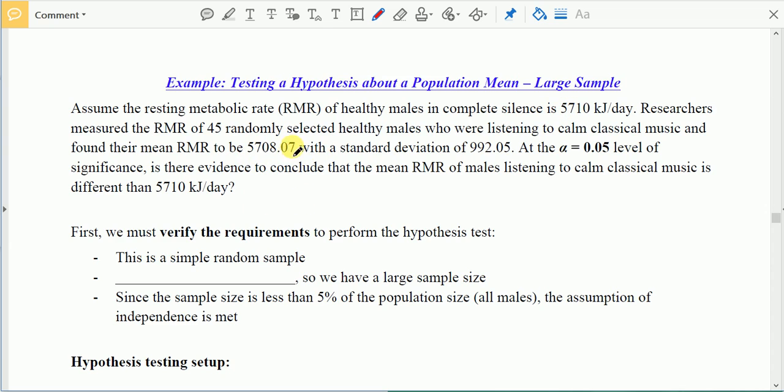So they make the claim to be this, and this is the alternative hypothesis, and they also have a standard deviation of 992.05. With the significance level alpha at 0.05, is there evidence to conclude that the mean of the males listening to calm classical music is different from the given fact, the null hypothesis?